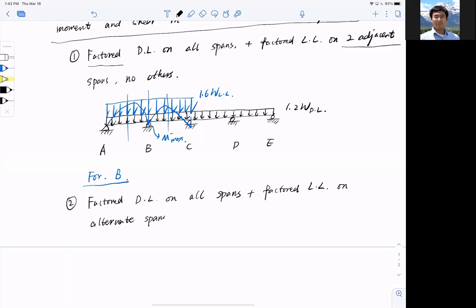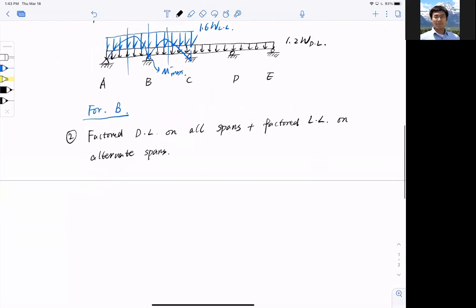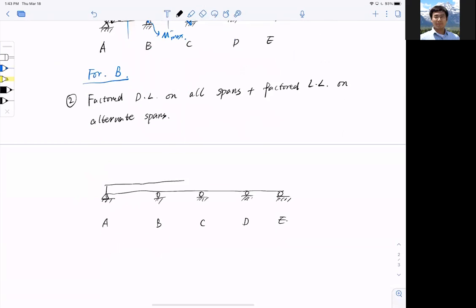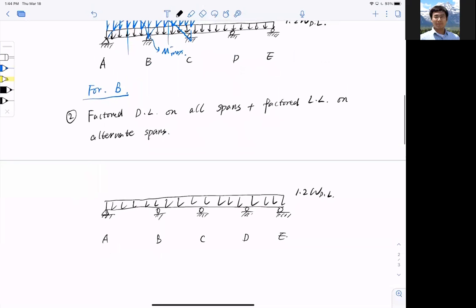Means, okay, you try scenario number one and get the moment, right? And then let me draw it again, although it's a bit time consuming, but same structure, and same supports, A, B, C, D, E. And not only do we need to provide the dead load on the span, 1.2 omega dead load, but also on alternate spans, right?